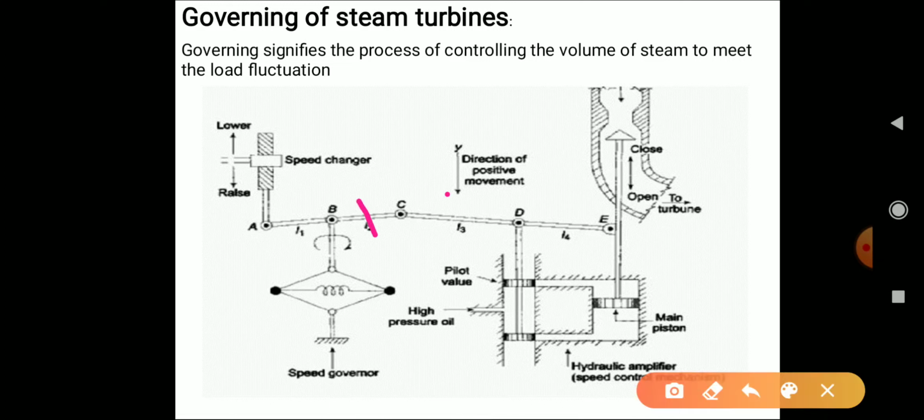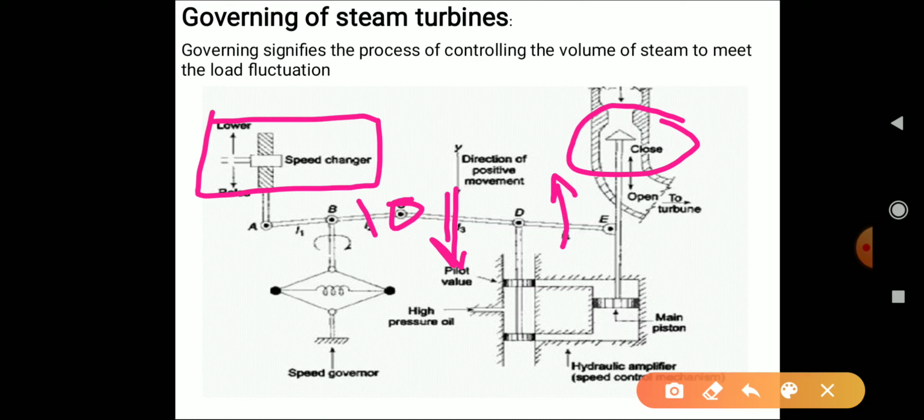This one and this one are interconnected via this. If it is going downward, it will obviously go upward. In this way, this is controlled. This is your speed changer mechanism.